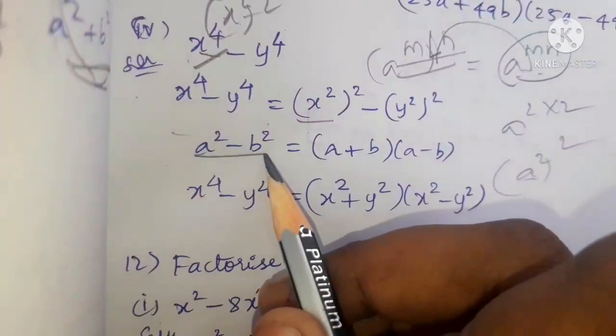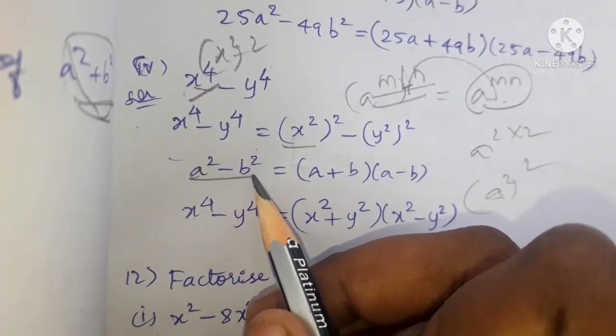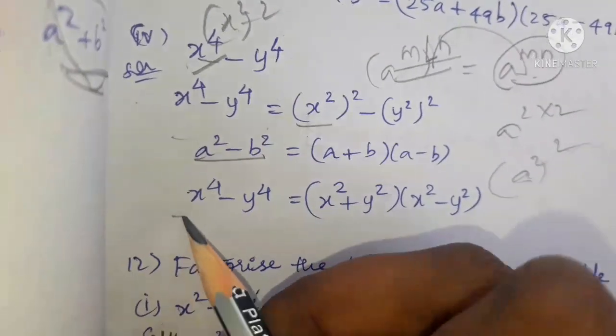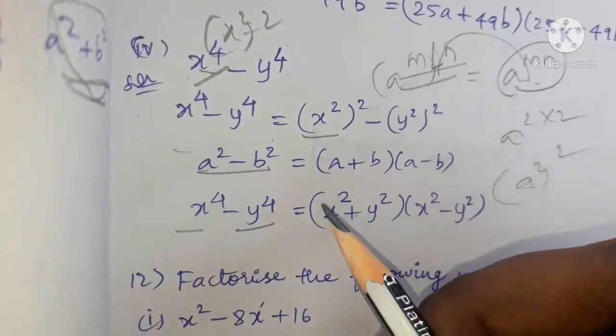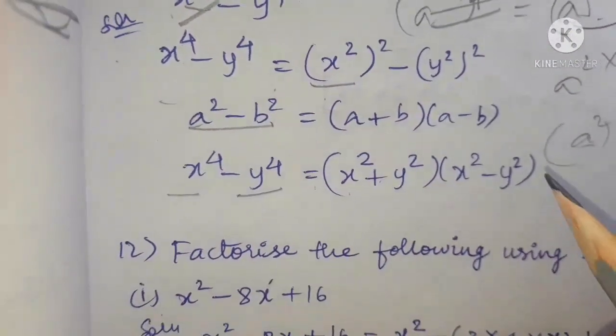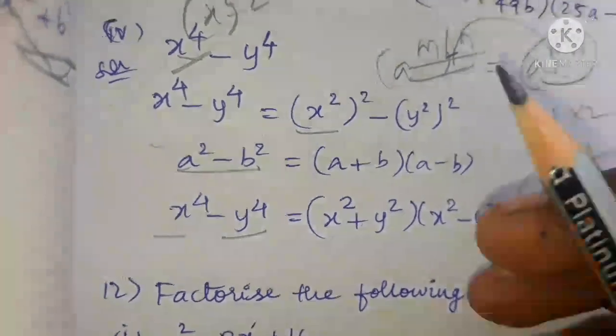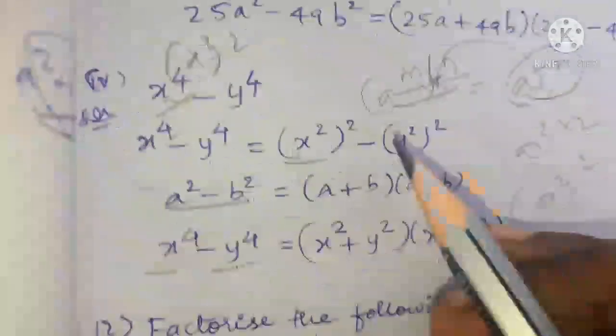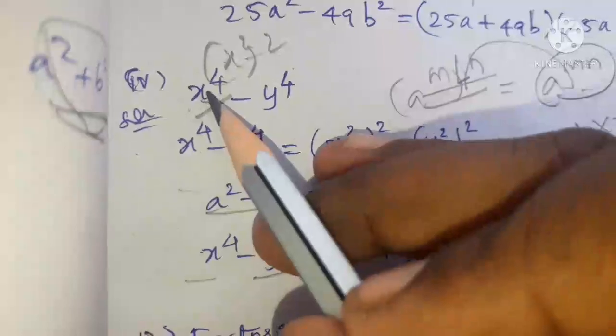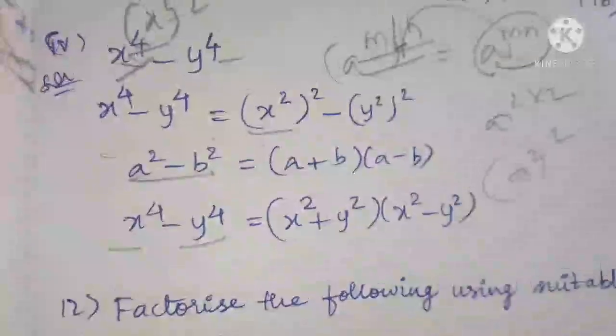Now when you substitute in the a square minus b square formula, you will get x power 4 minus y power 4 equal to (x square plus y square) into (x square minus y square). Here in the earlier ones you got only power 1, but here you will get power 2 because the question is in power 4.